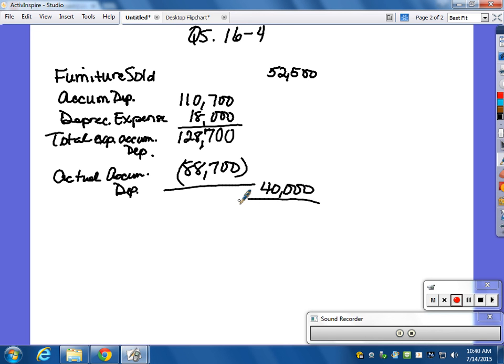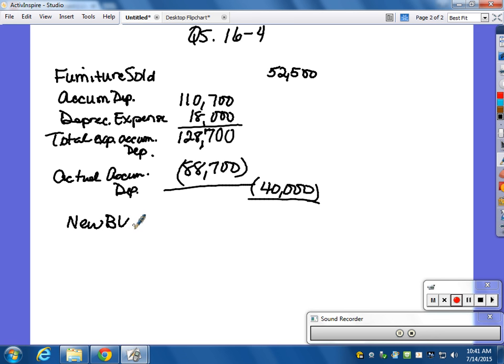And then, they said furniture costing 52,500 was sold for its book value. So the new book value would have been how much if you subtract this from there? 48,700.